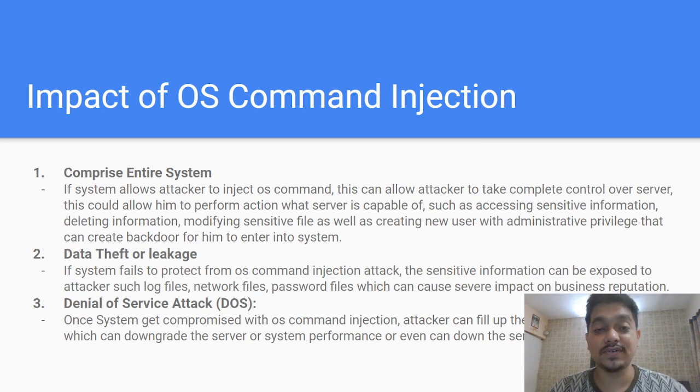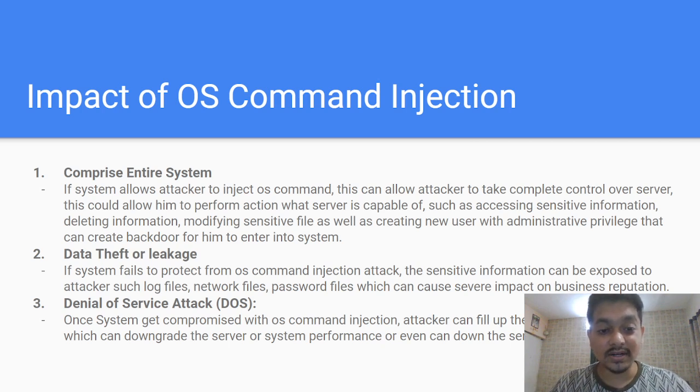Second is a denial of service attack. Now what is a denial of service attack? It is a type of attack where the attacker fools the system by sending requests multiple times, uploading files of infinite type, until the system crashes or becomes unreachable to other users.